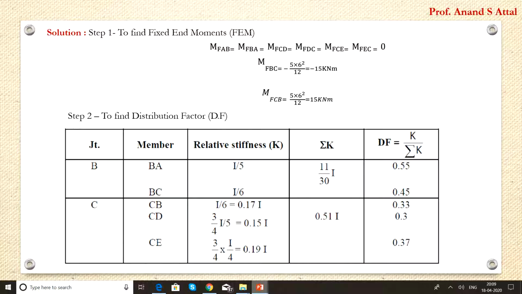On joint B, there are two members, BA and BC. We find the relative stiffness for BA. From B, looking towards A, the support is fixed, so the relative stiffness is I by L. As L is 5, it comes I by 5.